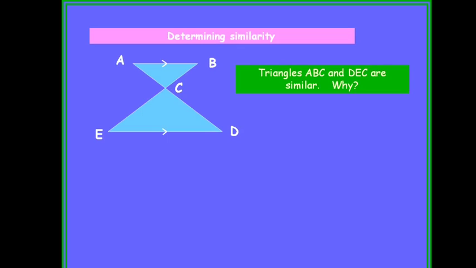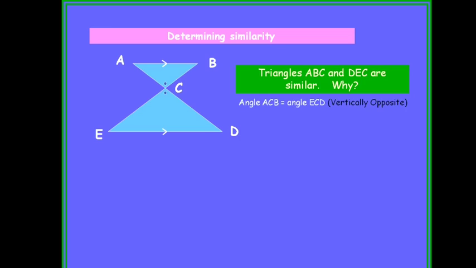Here we have some more examples. Determine similarity. In triangle ABC and triangle DEC, are they similar or not? That we need to identify. So how can we get that?